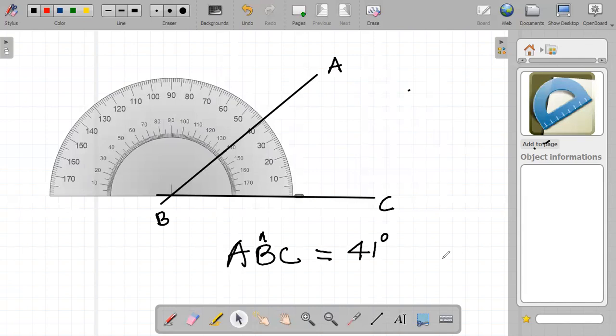The inner scale 0 you kept on a certain arm. What's the name of the arm? AB, BC, what is it? AC. AC arm. You kept the 0 of the protector on the AC arm, right?